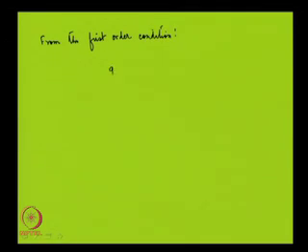We shall get the following value of Q1, which we are writing as Q1 star: alpha minus C divided by 2.